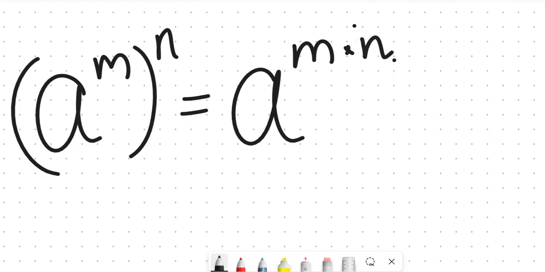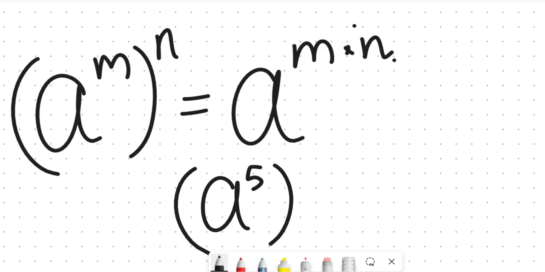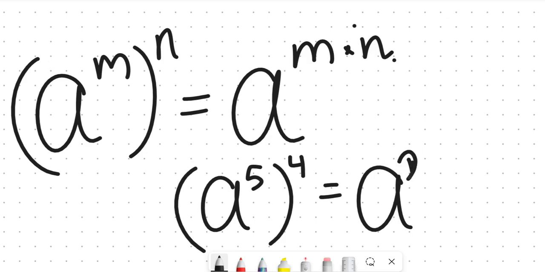When it's double exponents, we multiply the exponents. So for example, if we have a to the power of 5 and then to the power of 4, what we do is basically a to the power of 4 times 5, which is 20.